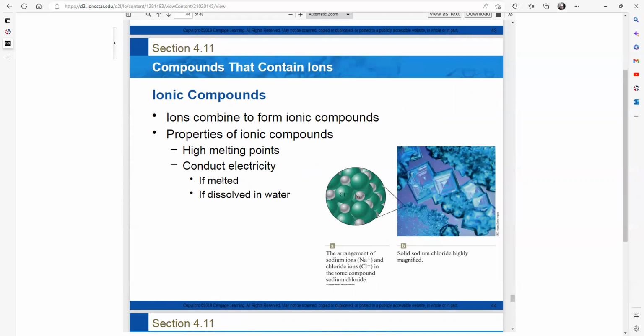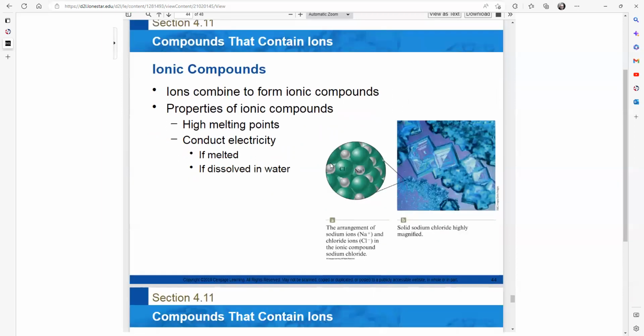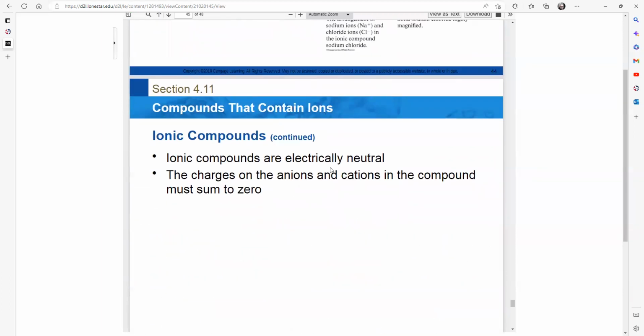But if they are not melted or dissolved in water, they don't conduct electricity at all. Ionic compounds are electrically neutral. The charges of the anions and cations in the compounds must sum to 0.